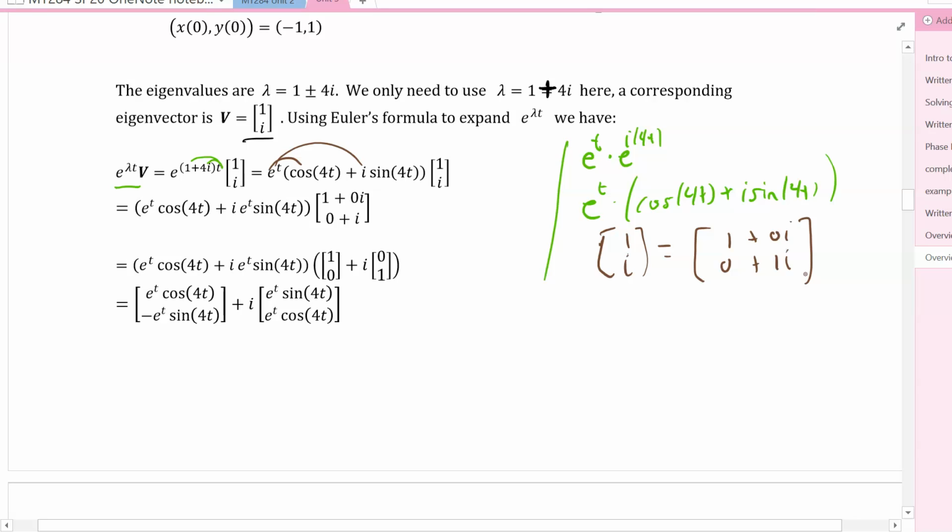That will allow us, in the third step here, to express it as (1, 0) plus i times (0, 1). Now what we're going to do is multiply this out.